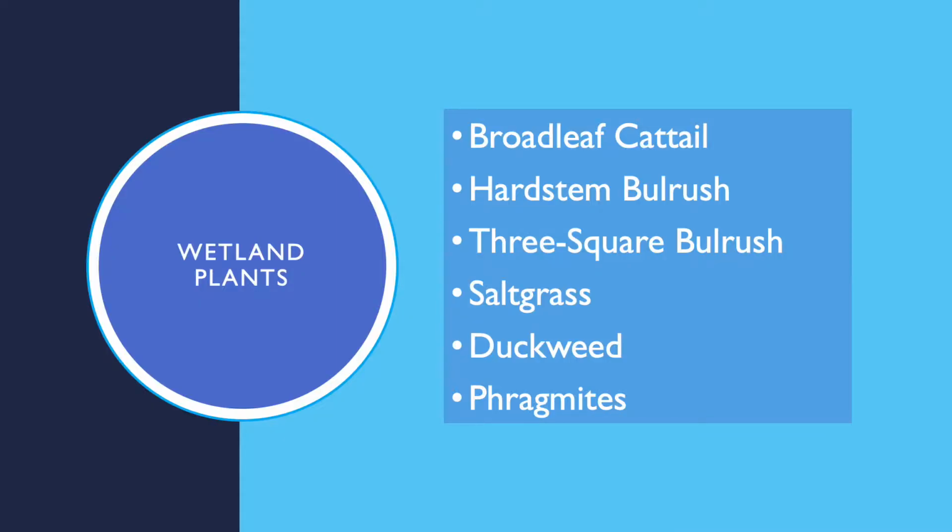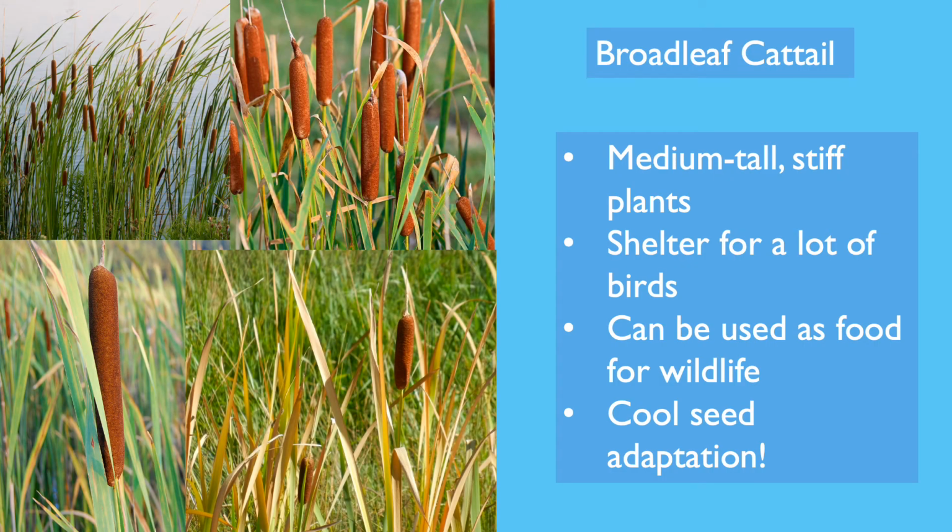In this presentation, we are going to talk about broadleaf cattails, hardstem bulrushes, 3-square bulrushes, saltgrass, duckweed, and Phragmites. Have you heard of any of these plants before? Broadleaf cattails are medium-tall, stiff plants with leaves that look like giant blades of grass and yellow-tan flowers at the top.